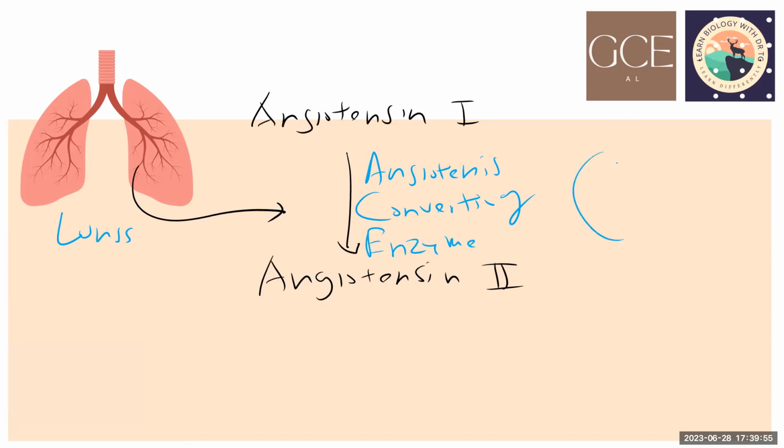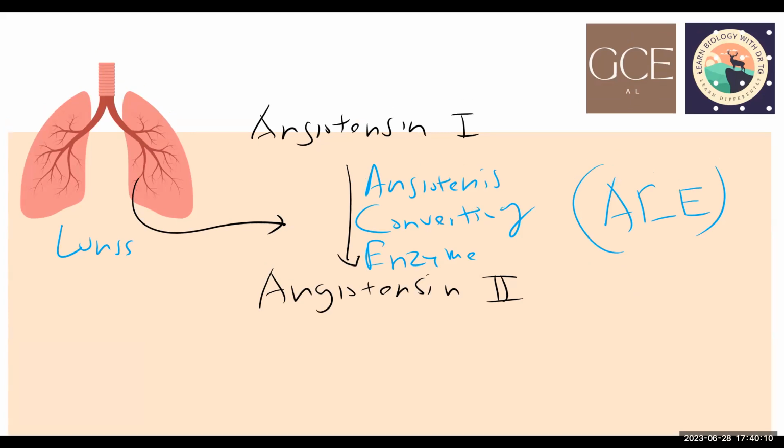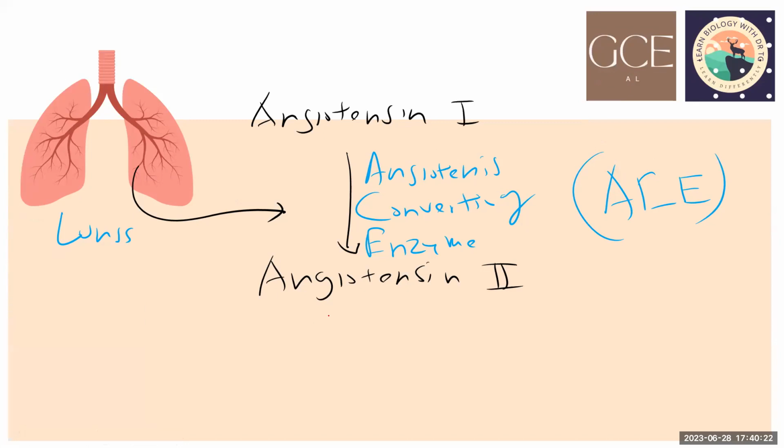It is commonly abbreviated and known as ACE. A lot of people know this as ACE. So ACE converts angiotensin 1 into angiotensin 2. Right now, angiotensin 2 is the active form.